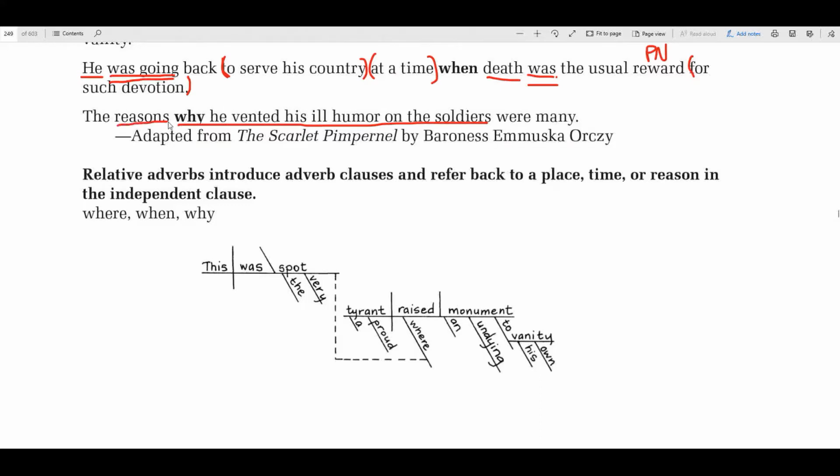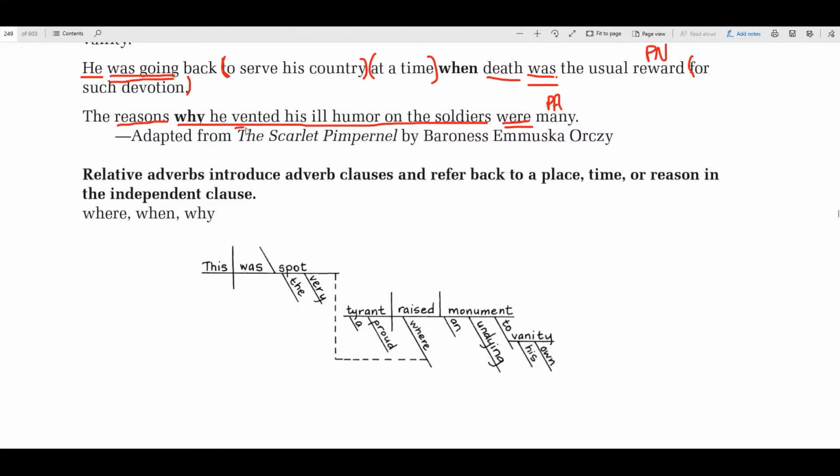So reasons would be your subject, and were would be your verb, and many would be your PA. It's a predicate adjective, because remember, adjectives answer how many. All right, and this right here is our adverbial clause, or our adverb clause.